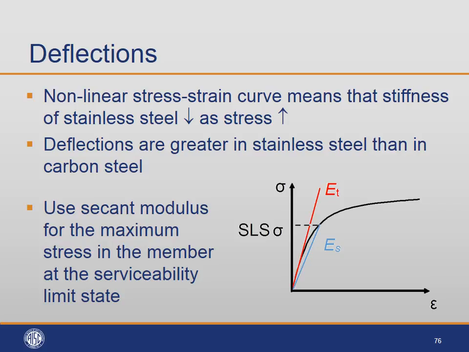But it will lead to some increase in deflection, and the process to estimate these deflections is to calculate the secant modulus, which I've shown on this diagram. It's the one here in light blue, Es. And we just recommend a very conservative procedure of calculating the secant modulus for the maximum stress in the member at the serviceability limit state.